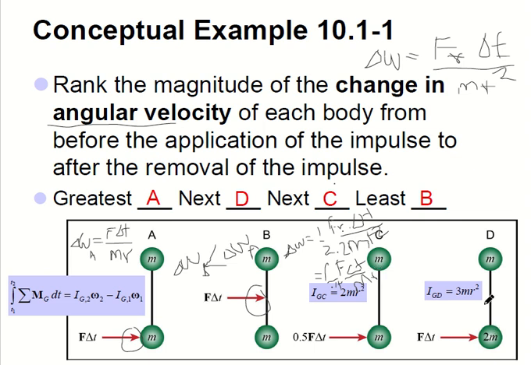Then we have D. D is a little bit different from your C. It's because right now the mass moment of inertia is 3MR squared. It's given there for you. So we do the same thing. We calculate delta w, and of course this time you have FR and then delta t.